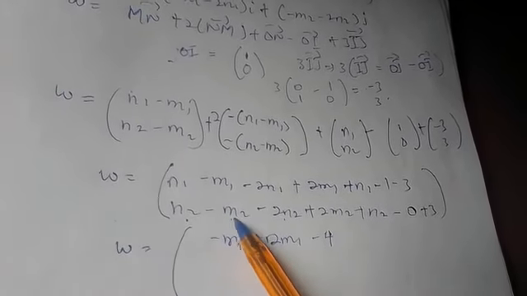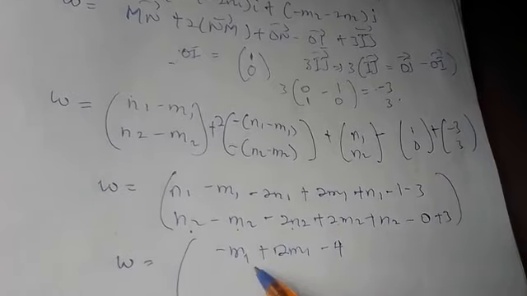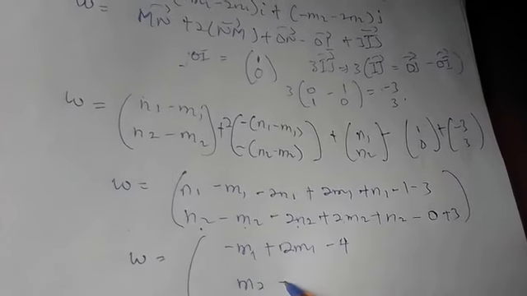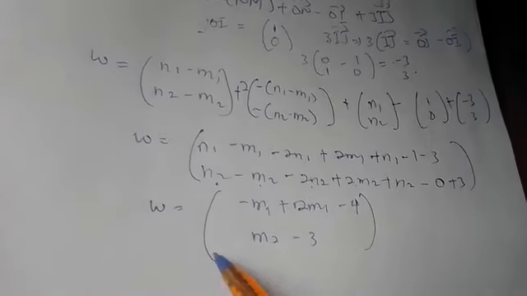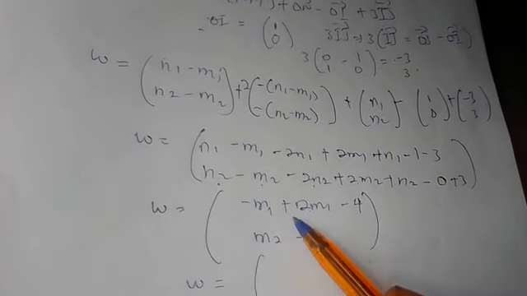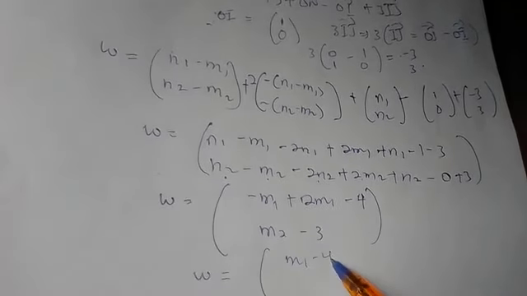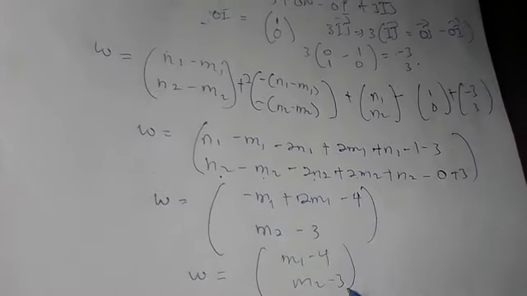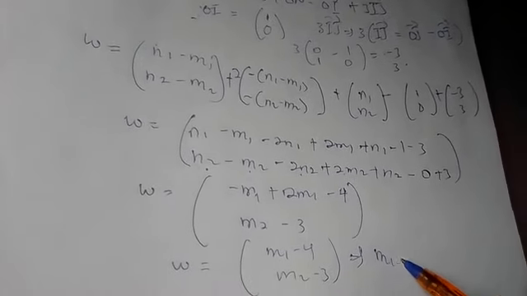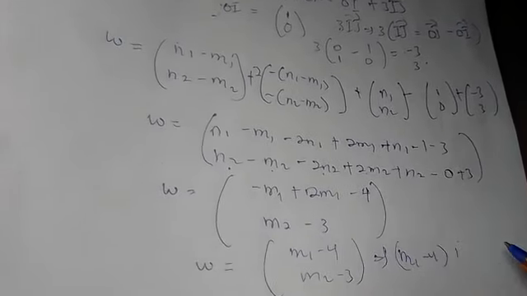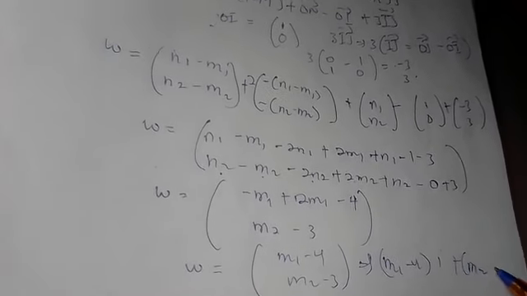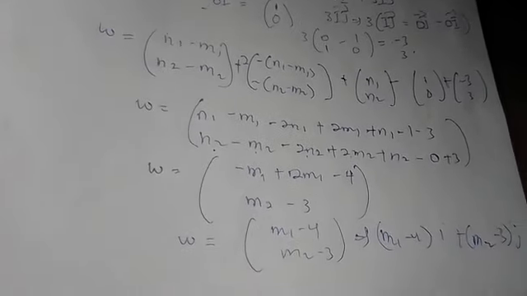Then I have negative m2, 2m2, so that will give me m2 minus 3. I'll come down and my w is simply equal to (m1 minus 4, m2 minus 3), which is going to give me (m1 minus 4) i plus (m2 minus 3) j. That is the result for this algebra question.